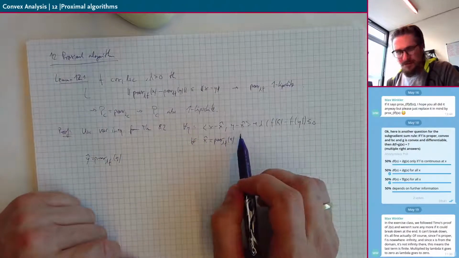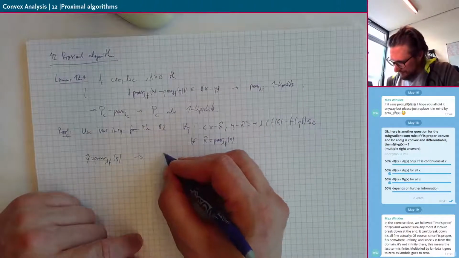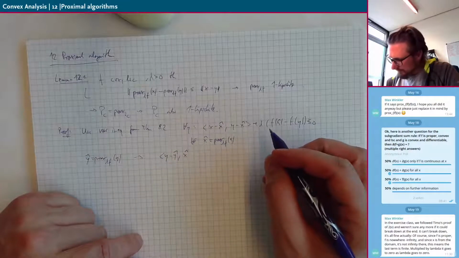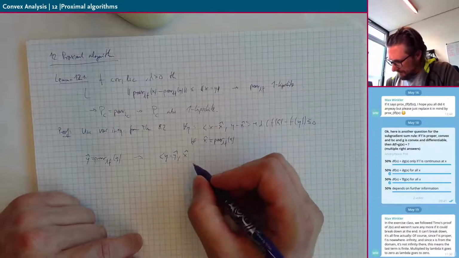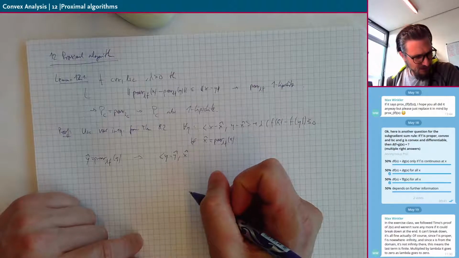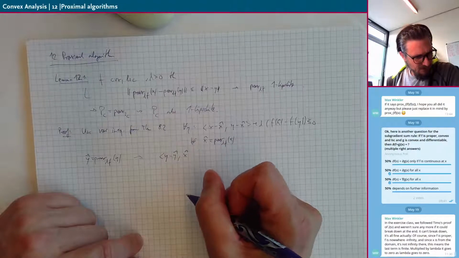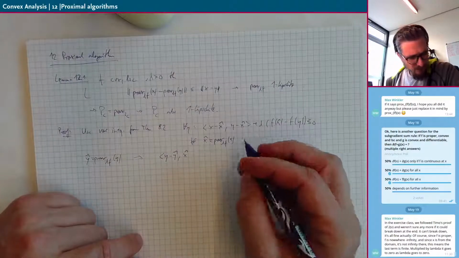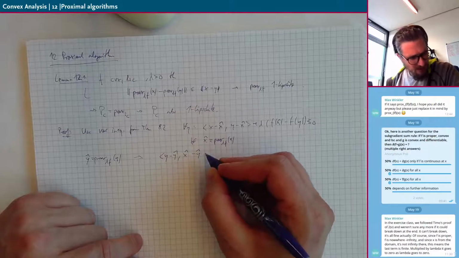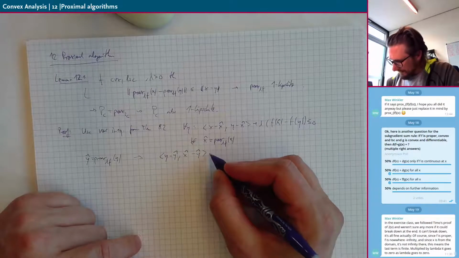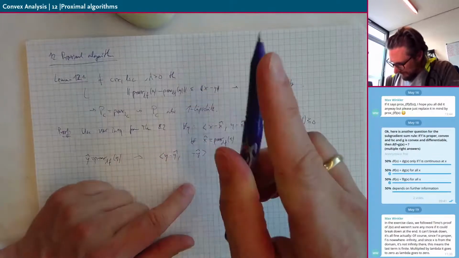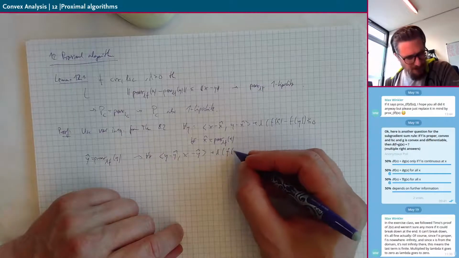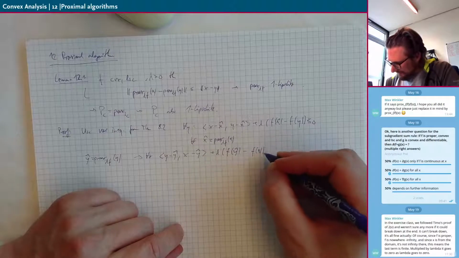Then we write down this inequality with swapped roles, which says that for all x, (y minus y hat) times (x minus y hat) plus lambda times (f of y hat minus f of x) is also non-positive.